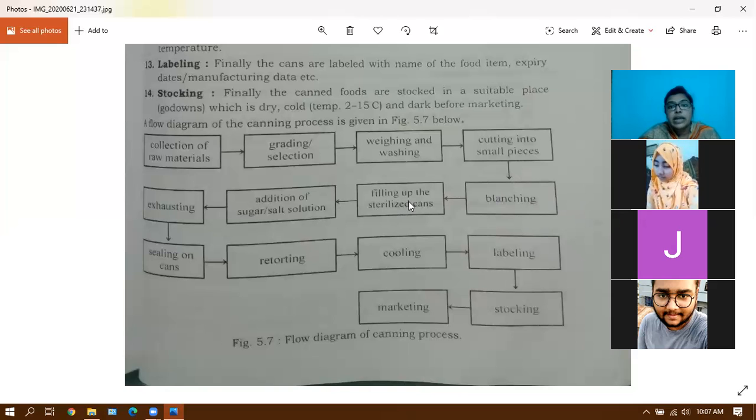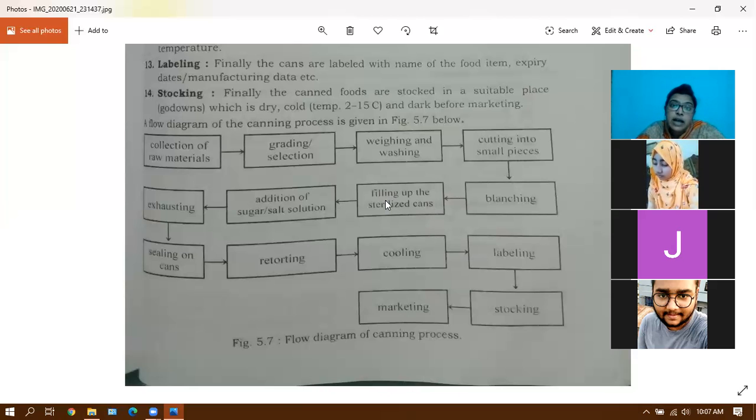Next, fill up the sterilized cans. That means in this process, cans have to be prepared. The cans or pots where food items are to be preserved are sterilized by heating them in boiling water for half an hour.